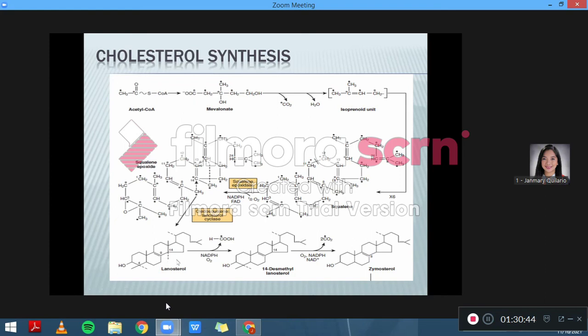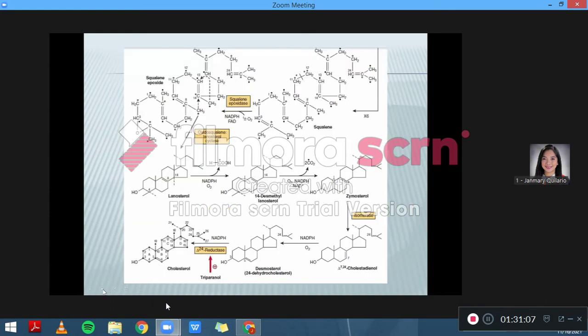Then the double bond at C8 and C9 moves to C5 to C6, thus forming desmosterol. Finally, the double bond in the side chain is reduced, and then cholesterol is produced. The role of triparanol there is to inhibit the formation of cholesterol.